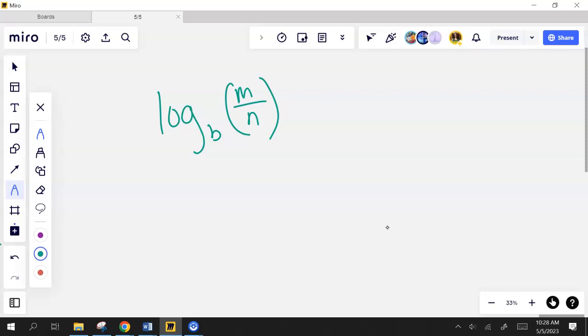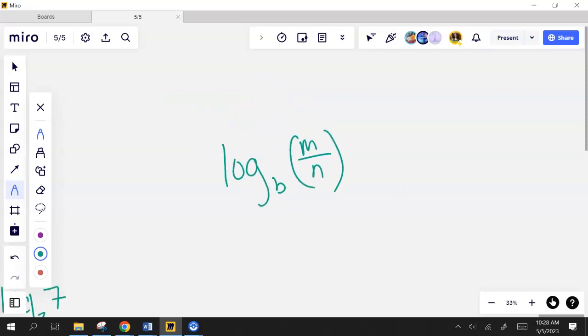If you have x to the fifth over x to the third. I'm not talking about logs. I'm talking about back. Rewind back. If you divide with the same base, what do you do with the exponent? You subtract them. In other words, if I had x to the fifth over x to the third, I would subtract 5 and 3, right?